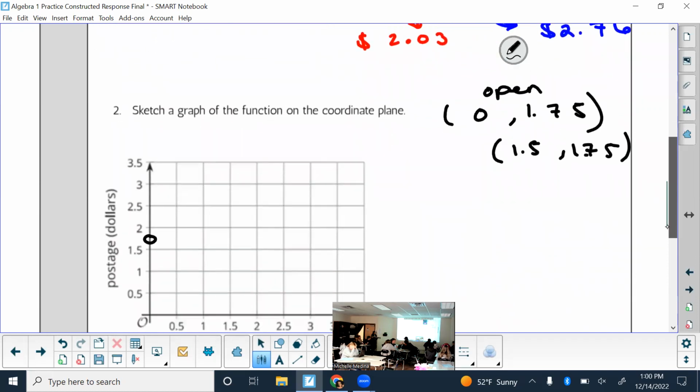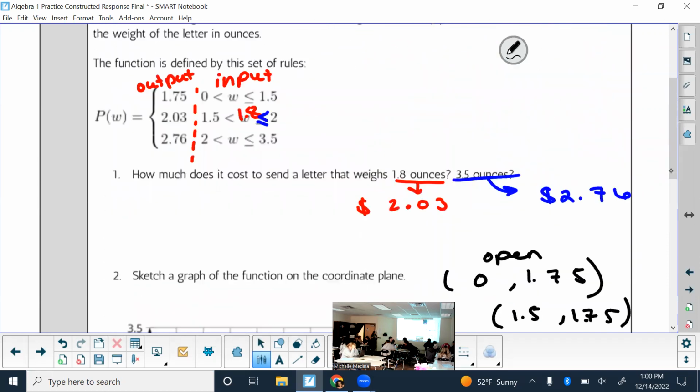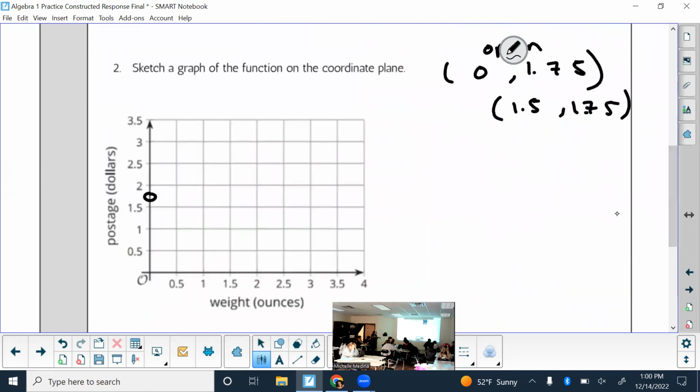So at 1.5 and 1.75, so 1.5 on the X. I know it gets confusing when there's multiple decimals, but one is your input, one is your output. And then in between them, they all cost the same, don't they? So it should be a straight line. Good. And then you keep it going.